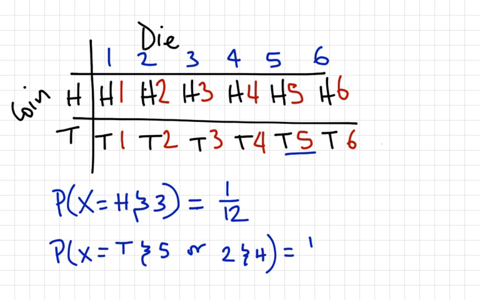There's only one of them, so 1/12, plus a 2 and a head is only one of those as well, so 1/12 again. That becomes 2/12, which becomes 1/6. So that's how we use sample space diagrams. They're brilliant once you have them, and you can calculate most things with them.